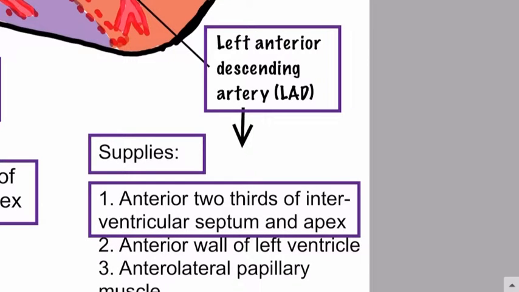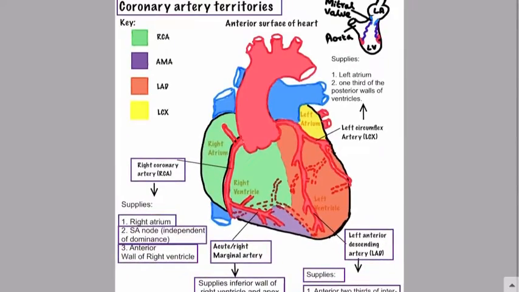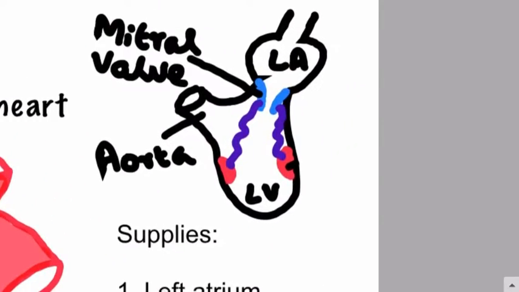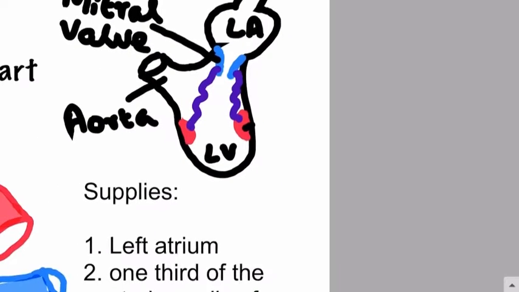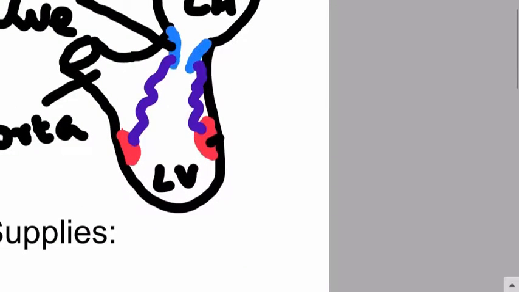Guys, the LAD also supplies the anterior wall of the left ventricle, and it also supplies the anterolateral papillary muscle. So what is meant by the anterolateral papillary muscle? There are two papillary muscles in the left ventricle.